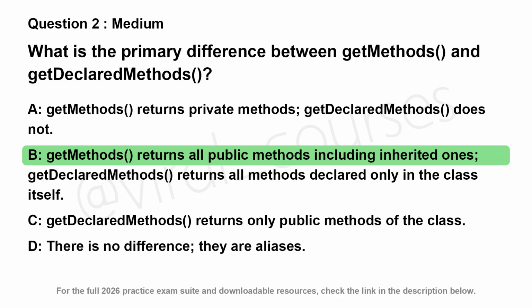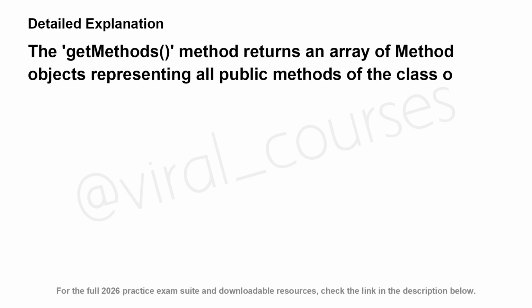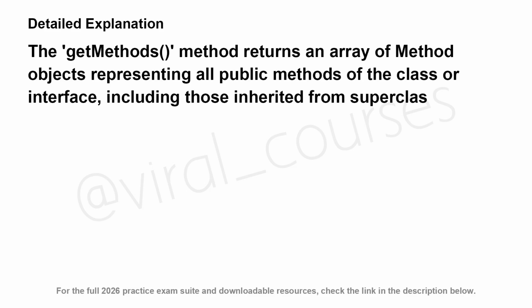The correct answer is B. The getMethods method returns an array of Method objects representing all public methods of the class or interface, including those inherited from superclasses and superinterfaces.